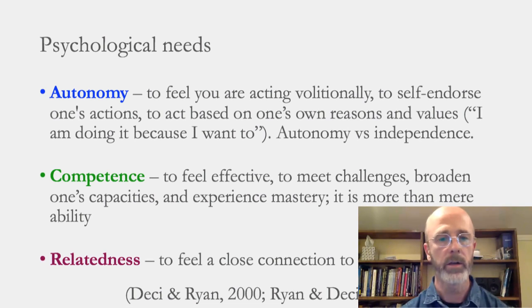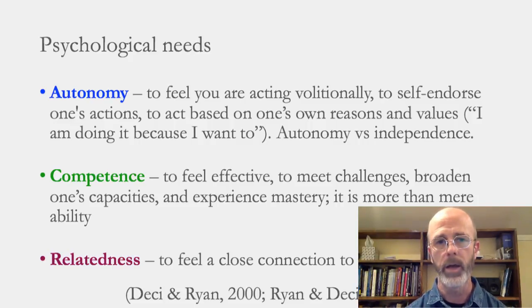Now let's start talking about some basic concepts in self-determination theory, and we'll start with the idea of psychological needs. In self-determination theory, psychological needs are kind of thought of like physiological needs in the sense that, A, they're innate.